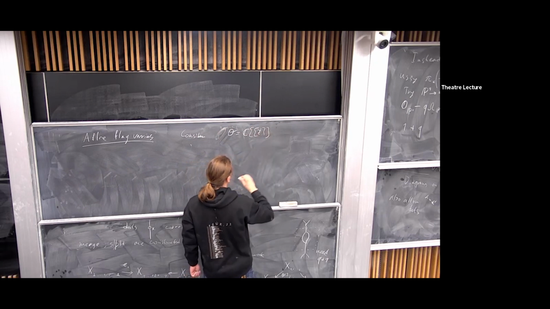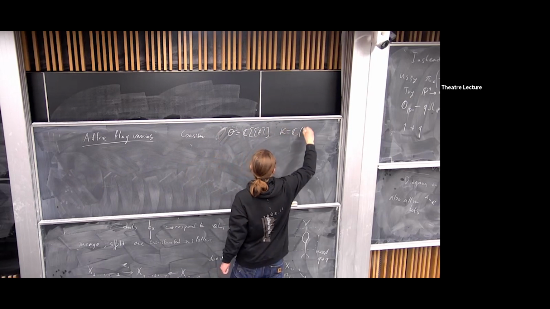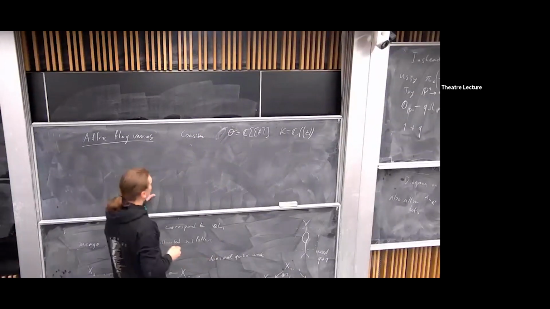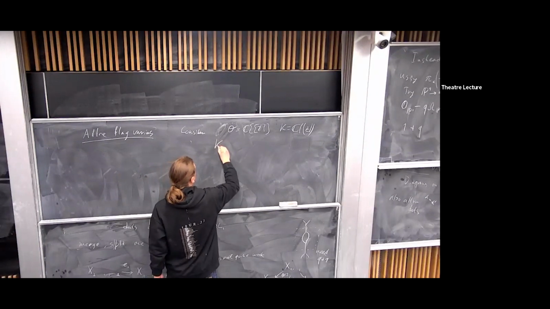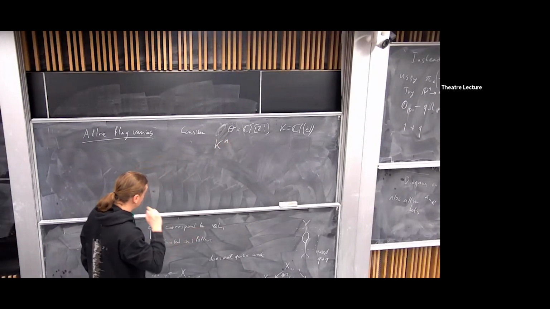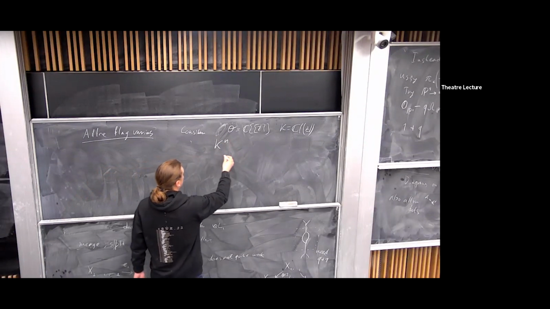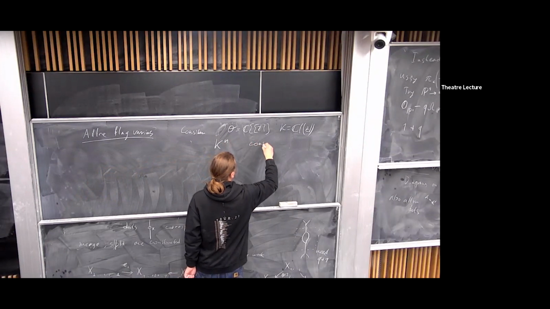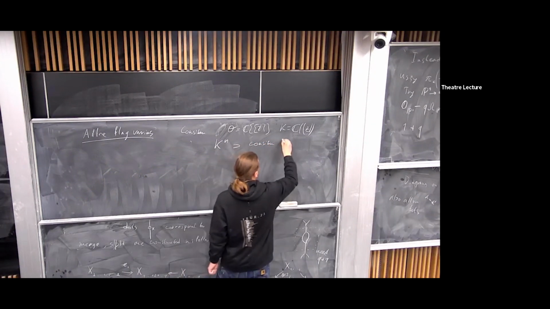So let's call it Z. And then K is the Laurent series. And then we have A to the N, and then we consider infinite flags.